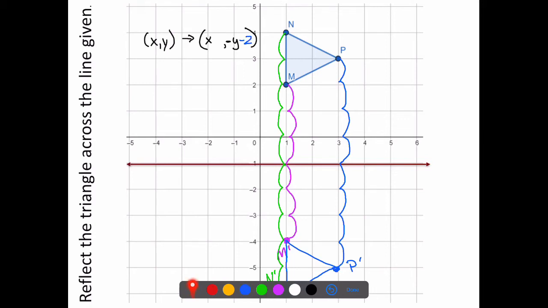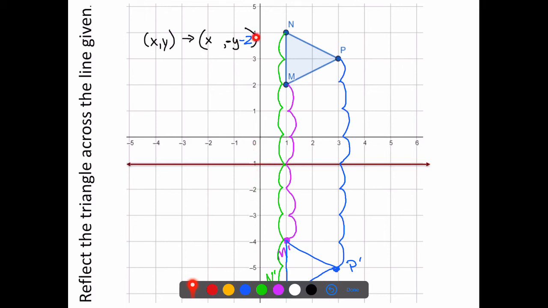And the reason that's 2 is this. I have moved 1 unit away from my normal axis that I reflect over, from my x-axis. So it's going to be the same rule as our x-axis, except I moved 1 over. However, remember, it's the same distance from either side. So if I moved 1 here on this side of the reflection, I must also move 1 on this side of the reflection.